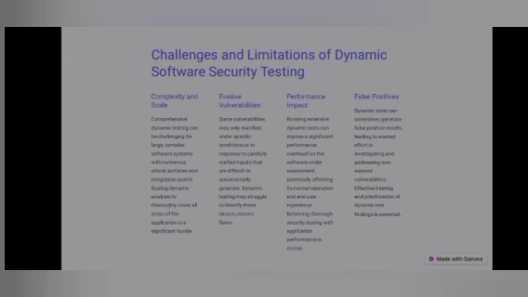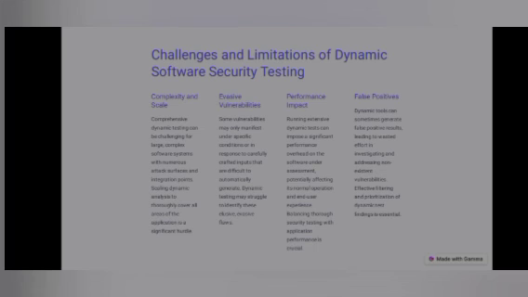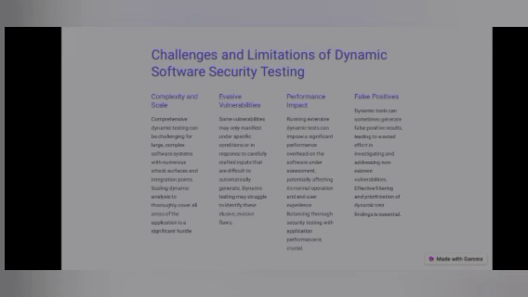You can see these four major issues. Complexity and scale: comprehensive dynamic testing can be challenging for large, complex software systems with numerous attack surfaces and integration points, and may not truly cover all areas of the application. Evasive vulnerabilities: some vulnerabilities may manifest only under specific conditions or in response to carefully crafted inputs that are difficult to automatically generate.